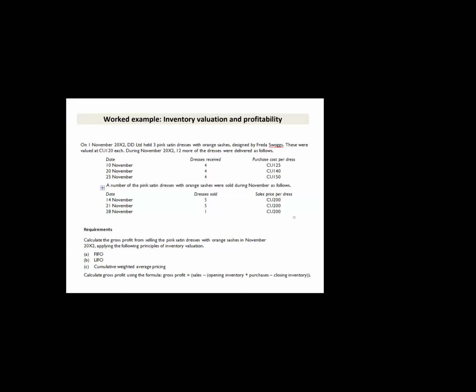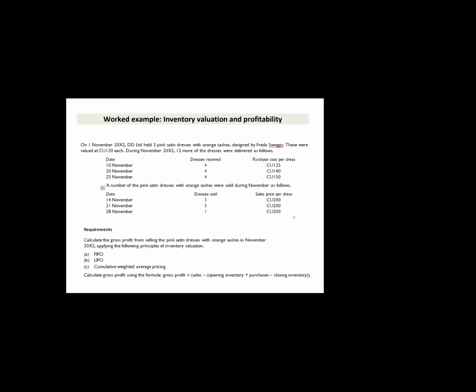with the worked example. On 1 November 2022, DD Limited held 3 pink satin dresses with orange sashes designed by Frida Socks. These were valued at 120 each. So on 1st November, DD Limited had 3 pink satin dresses with orange sashes at the rate of 120.